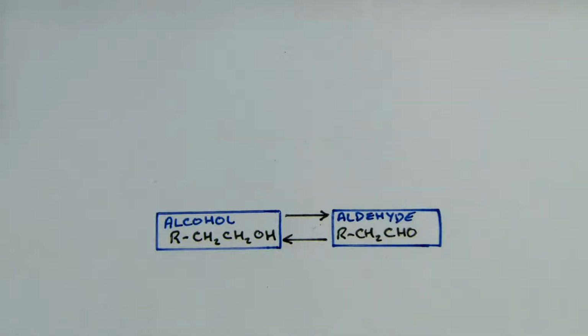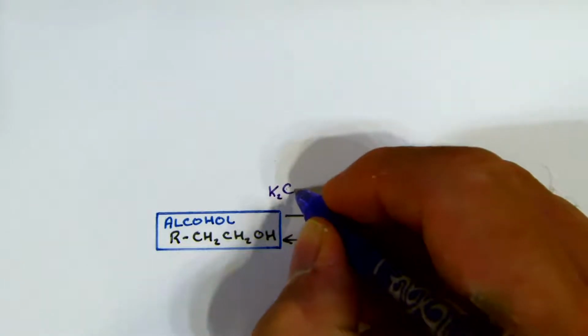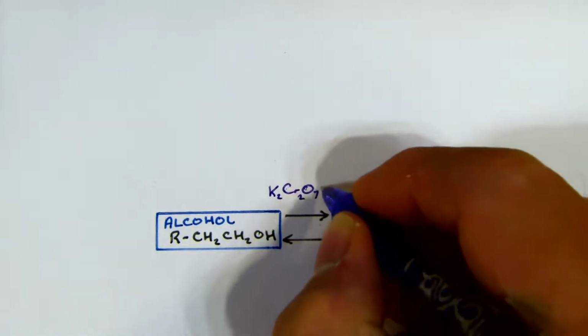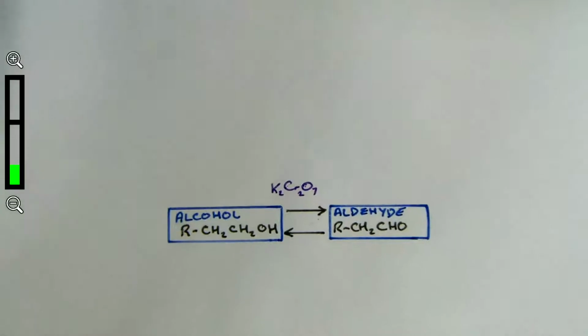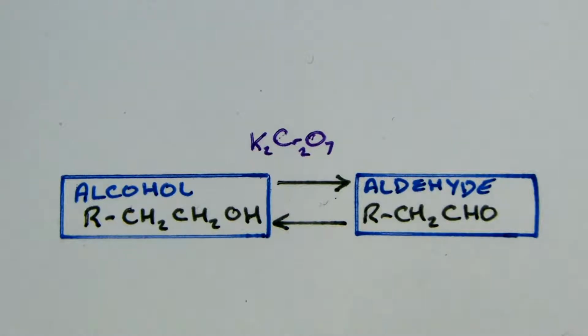And to do this is quite a simple process, and what we're going to need to turn our alcohol into our aldehyde would be, I'd use potassium dichromate, and we're going to zoom in here so you can see what we're doing.